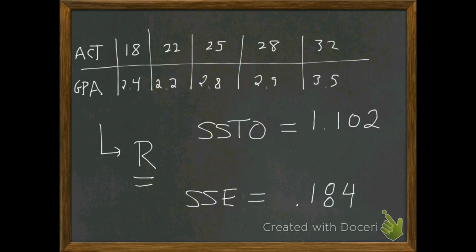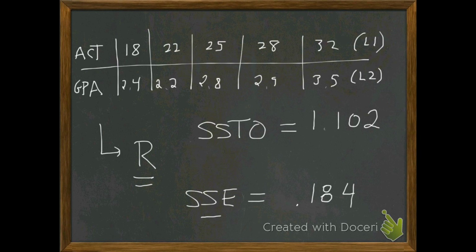All right, so guys, again, these things are super easy to calculate. If you use your calculator for L1 and L2, sum of squares for the total, what I would do is take L2 minus the mean, calculate the mean, store those in L3, square L3, put it in L4, and then sum L4.